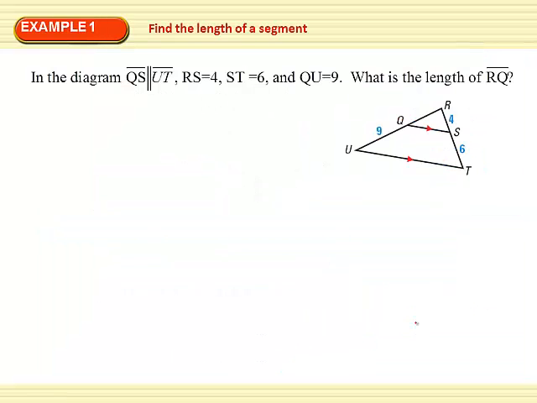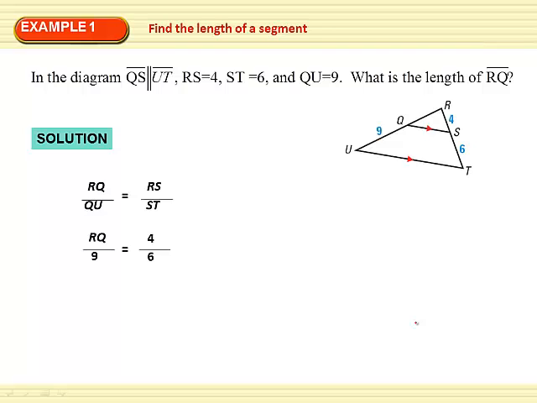Okay, here's a good question. In the diagram, I tell you that QS is parallel to UT. I also tell you that RS is 4, ST is 6, QU is 9, and I ask you what the length of RQ is. There are a bunch of different ways you can do this. Here is one way. RQ is to QU as RS is to ST. You plug in the values you know, and keep the unknown as an unknown.